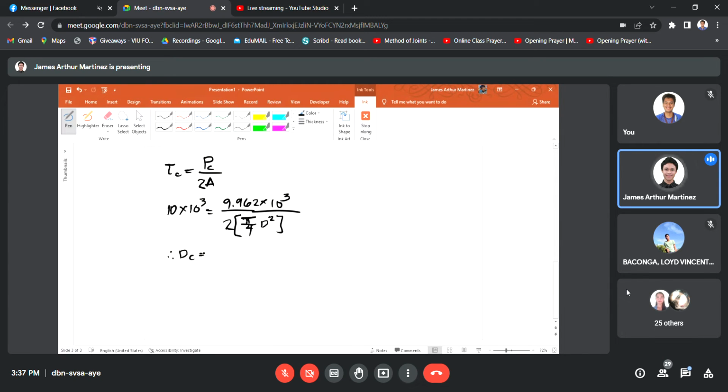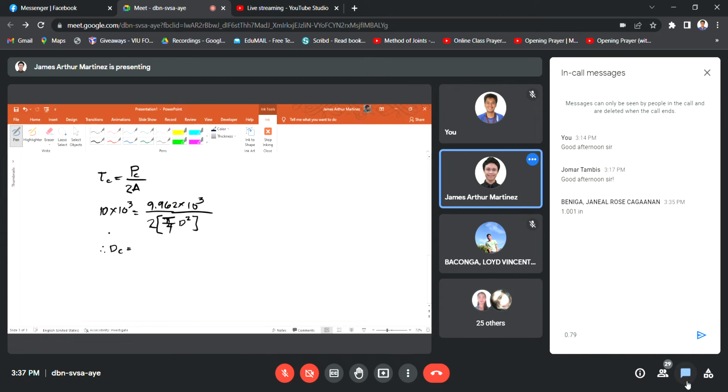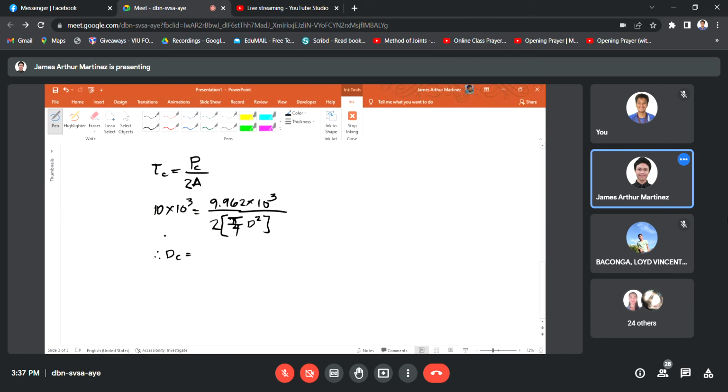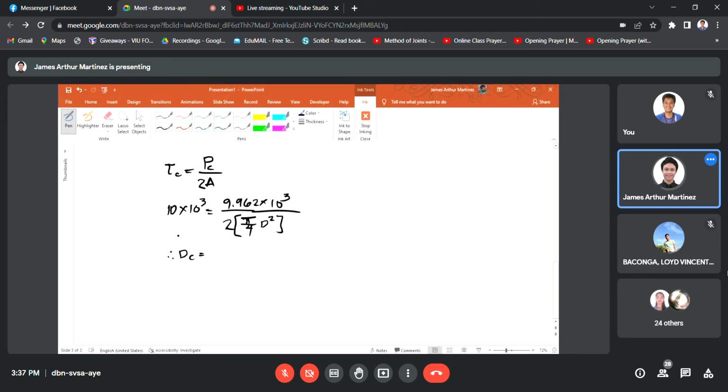the required diameter at pin C that is subject to double shear and has an allowable shear stress of 10 KSI would be, so we have here 0.796.